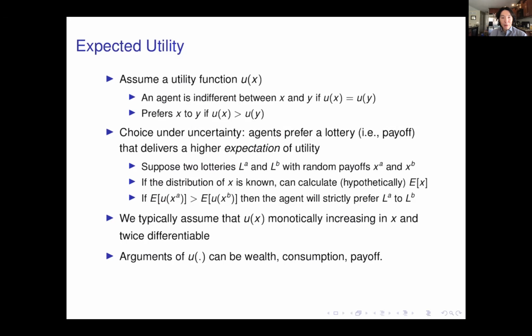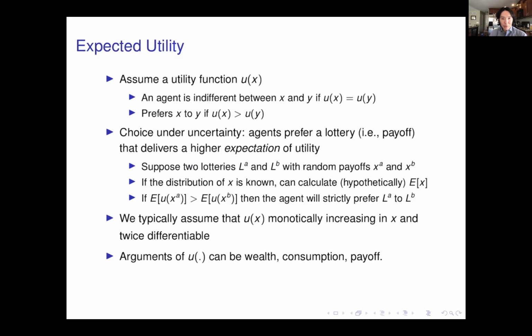We will assume the following choice under certainty. Agents prefer a lottery. Lottery can be anything. 복권이죠, 복권. 복권 뭐 주식도 복권이고 모든 financial asset 다 복권이라고 우리 가정할 겁니다. Agents prefer a lottery or payoff that delivers a higher expectation of utility. So suppose two lotteries, LA and LB, with random payoffs XA and XB.